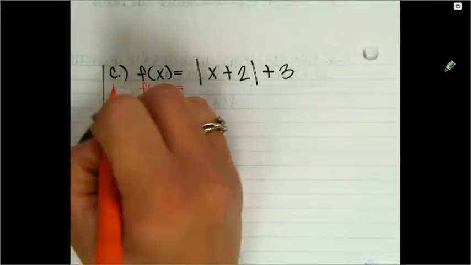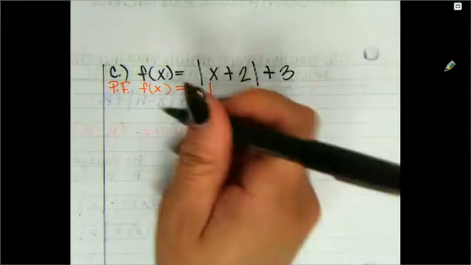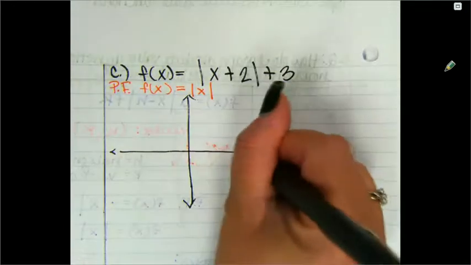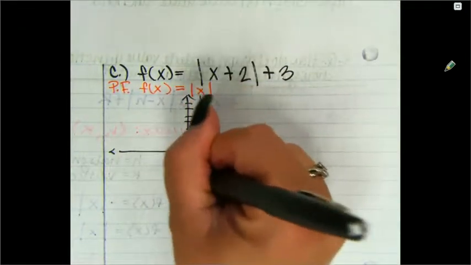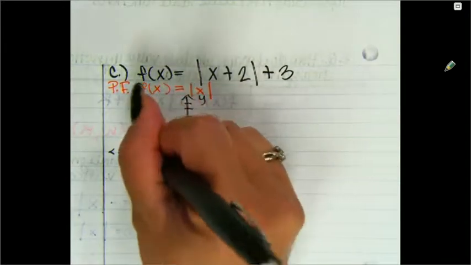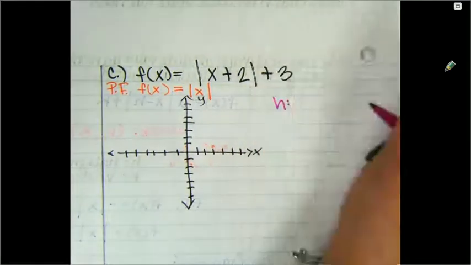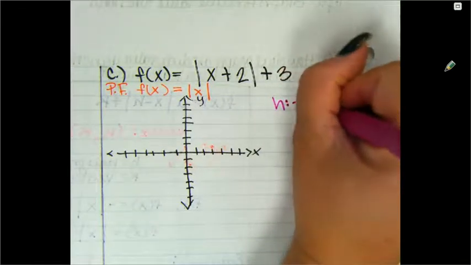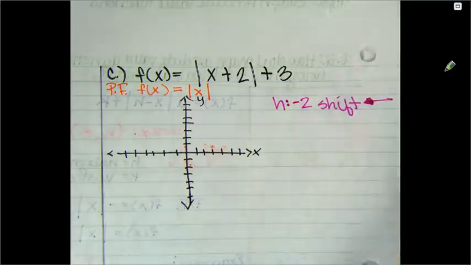What's your parent function? Good, absolute value of x. All right, h is what? Negative 2. So it's shifting which way? Shift to the left. Very good. It's the only one that's opposite.